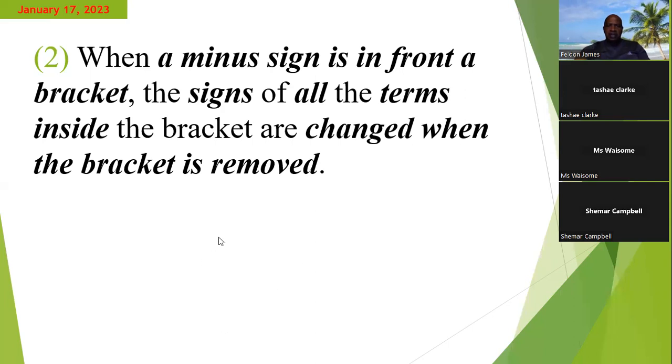So that's something that you can bear in mind, that once you're multiplying any sign by a negative, you will get the opposite sign. So if you're multiplying a positive by a negative, the answer is going to be negative. If you're multiplying a negative by a negative, the answer is going to be positive. All right.